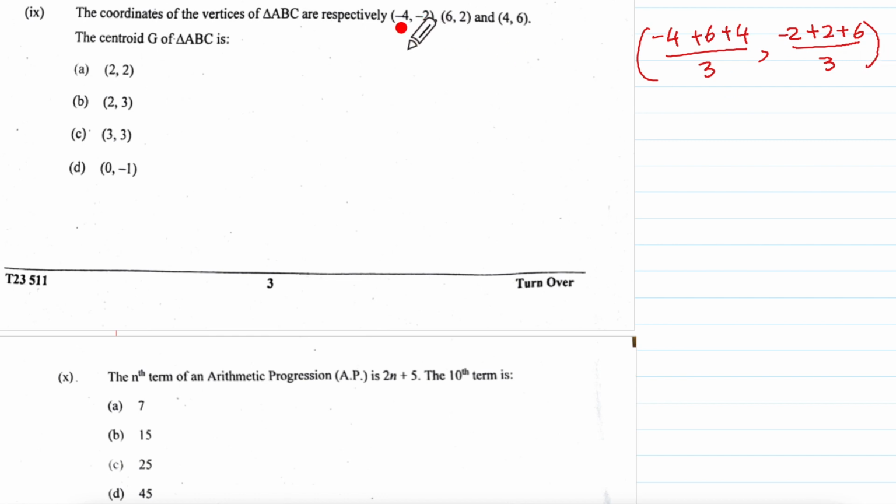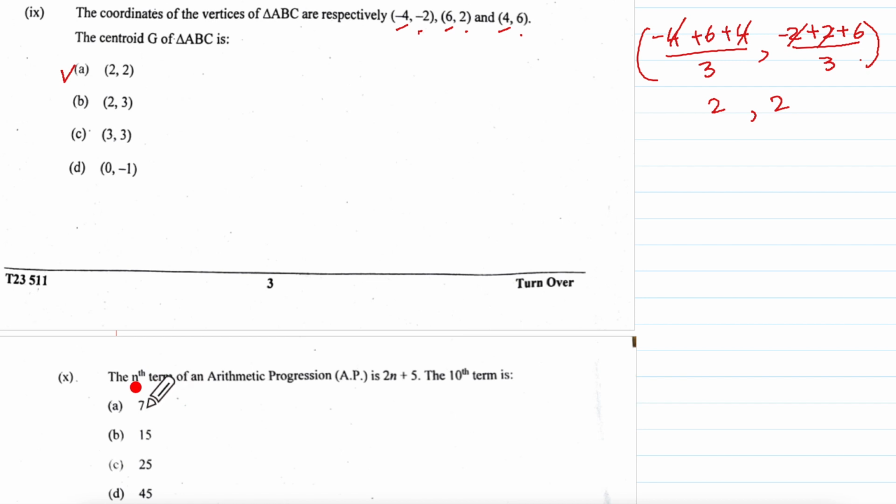We are using the formula x1 plus x2 plus x3 upon 3, that is this, and y1 plus y2 plus y3 upon 3, that is this. Now this gets cancelled, and 6 upon 3 means 2, and this gets cancelled, so you will have 6 upon 3 means 2. So 2 comma 2 is option A.